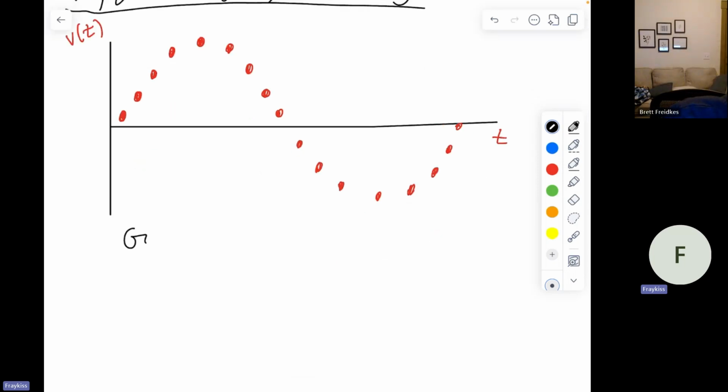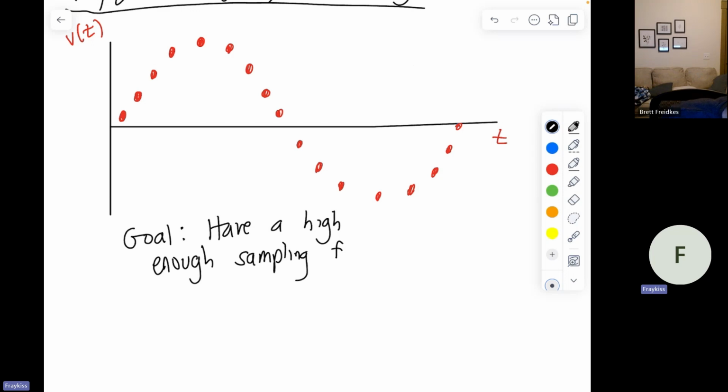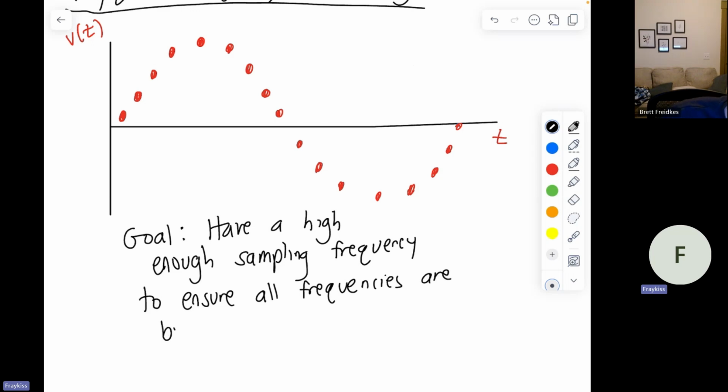So the goal of sampling is to have a high enough sampling frequency to ensure all frequencies are being captured correctly.